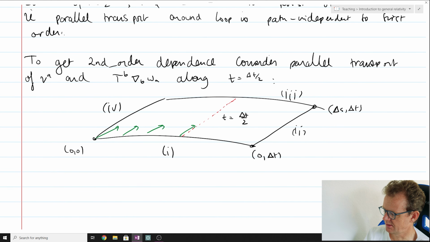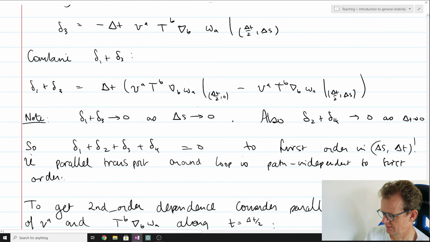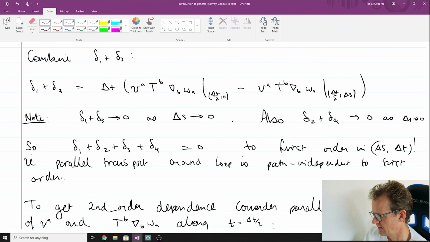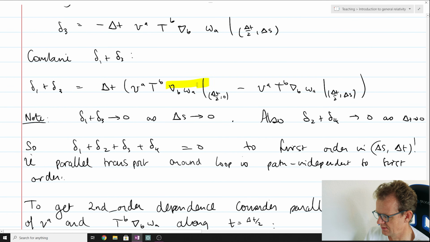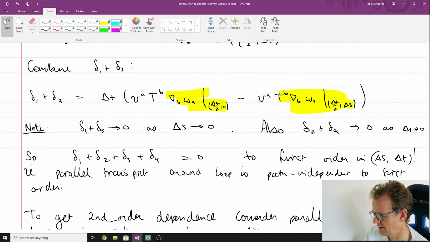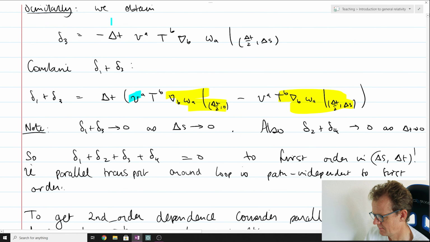Why are we doing that? Well, because if you look here at the difference, delta 1, delta 2, you notice that we're evaluating things at midpoints. And what we want to do is compute the difference between these two terms that I've highlighted in yellow. V^A is of course common here, so you can pull that out as a common factor.